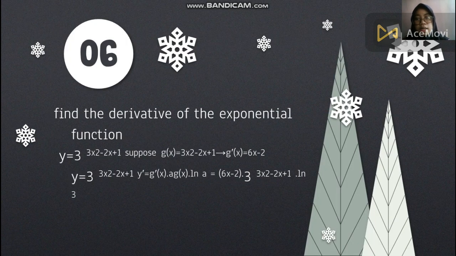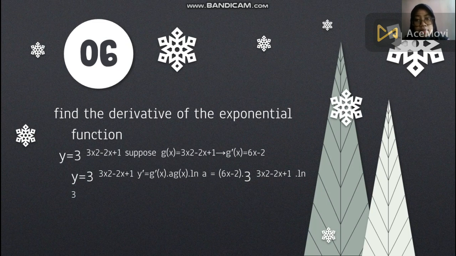Next, example number 6. Find the derivative of the exponential function y = 3^(3x² - 2x + 1).